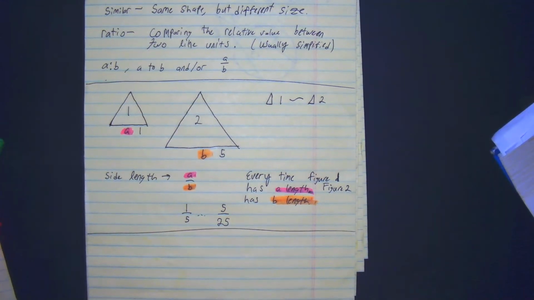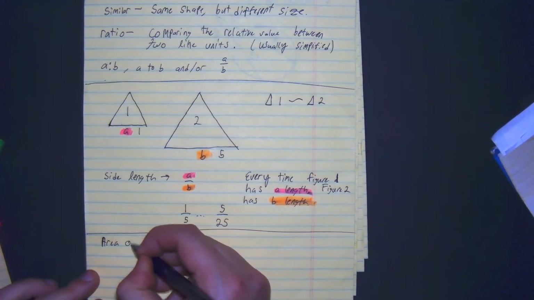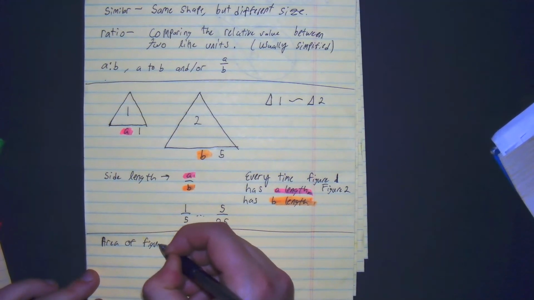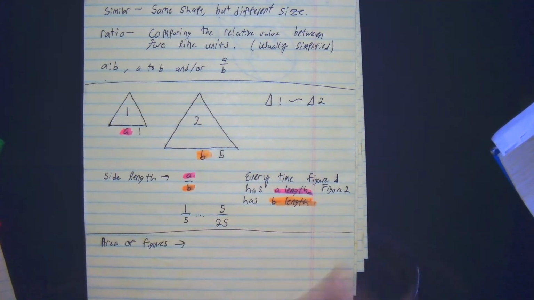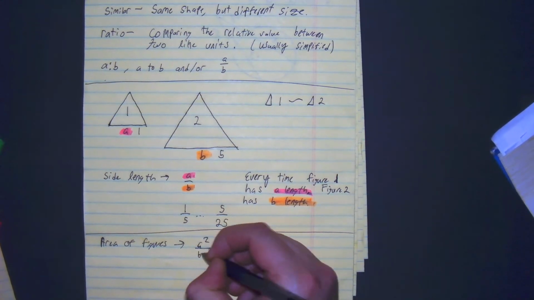Let's do the similar area figures. What would the area of the figures look like? When we're comparing similar figures, it would be A squared over B squared.